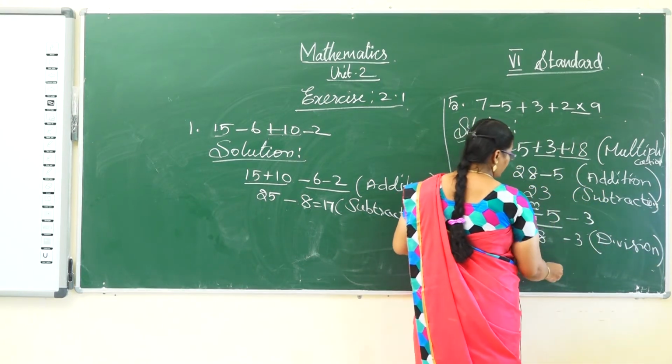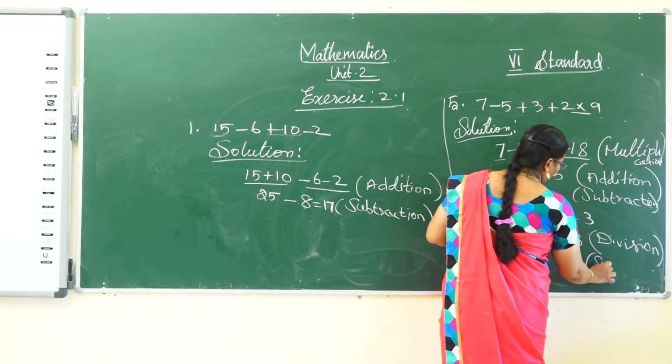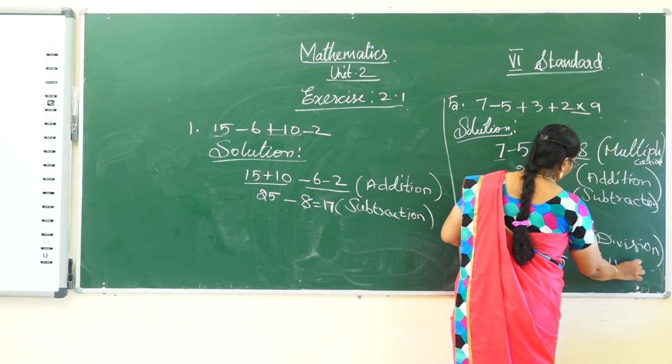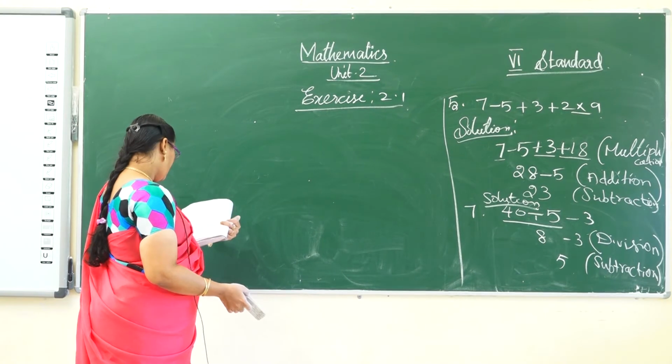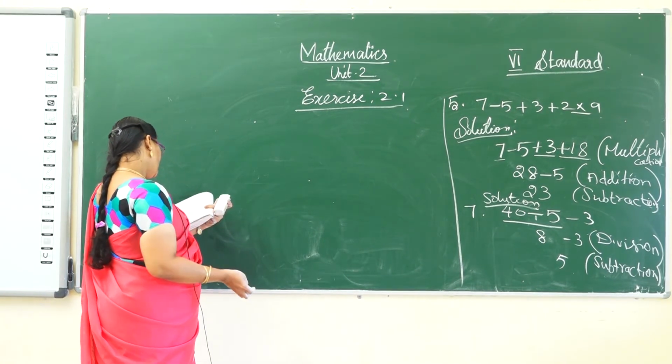Next 8 minus 3 is 5, subtraction. So the seventh problem answer is 5. The remaining problems are homework.